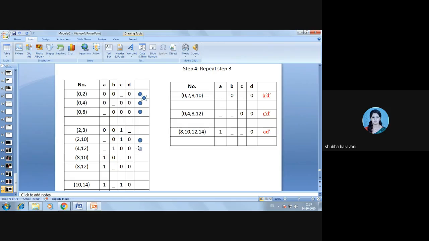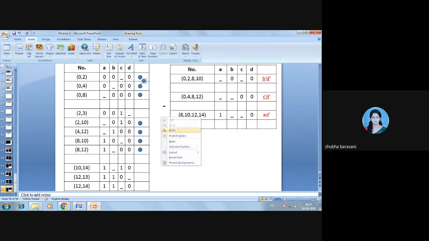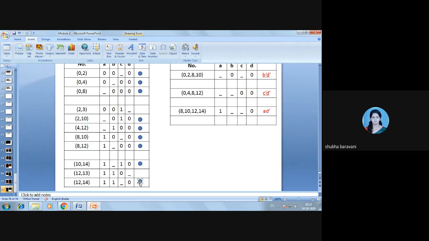Then it was here 4 12. Then it was 8 10. Then you have to put for 8 12. Then it was there for 10 14. Right? These all were your check marks. These were your check marks. Yes, ma'am. So what you have unchecked is your PI.